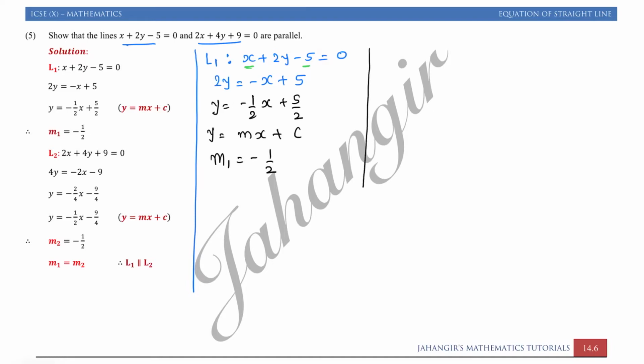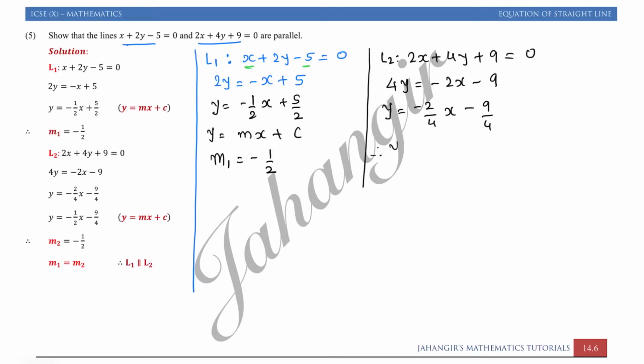Now the same procedure with L2. 2x + 4y + 9 = 0. We will make y the subject of the formula, so -2x - 9. y is equal to -2 by 4 x - 9 by 4.